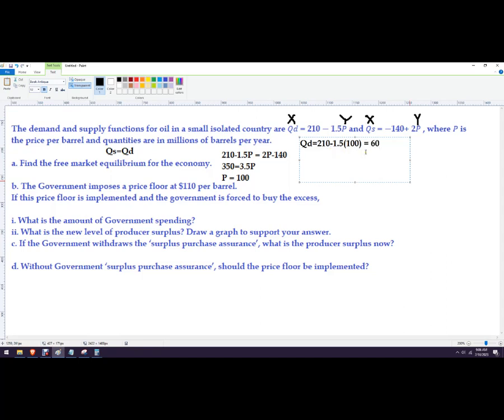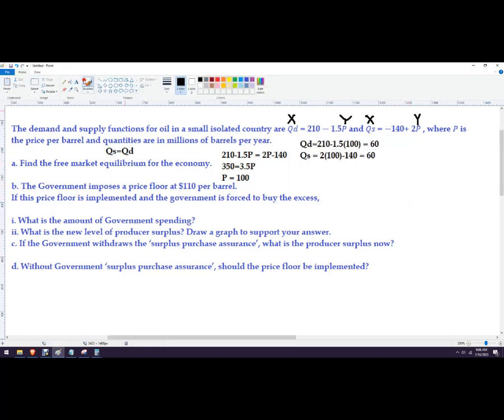So the equilibrium quantity is 60, but then we'll do the same thing for quantity supplied. 2 times 100 minus 140, and in that case you get 60 also. So the quantity here is 60, and the price is 100. That's the free market equilibrium.